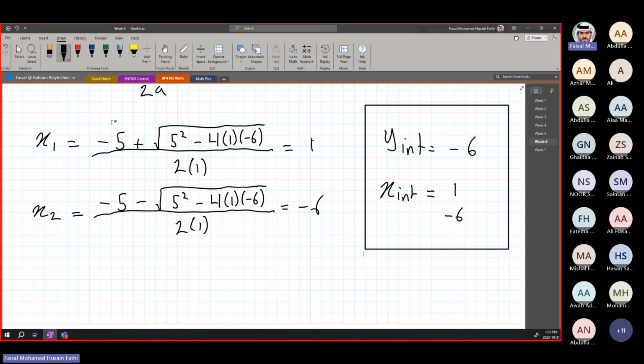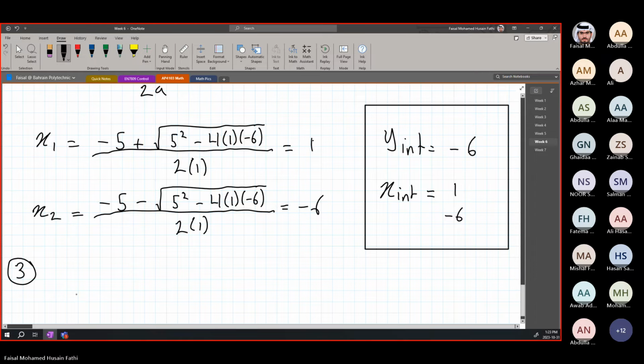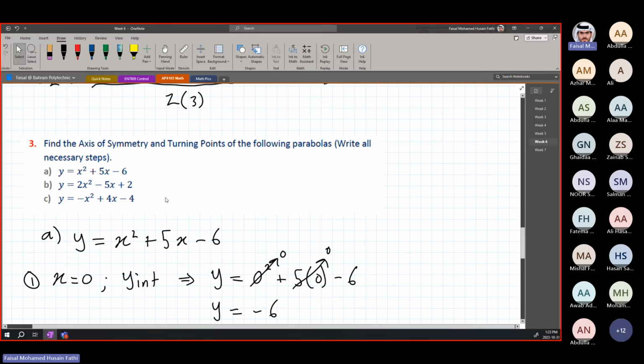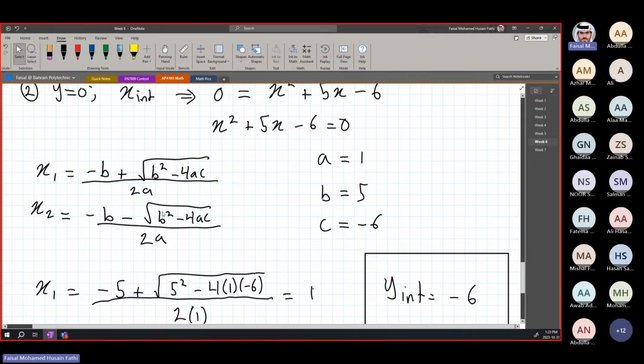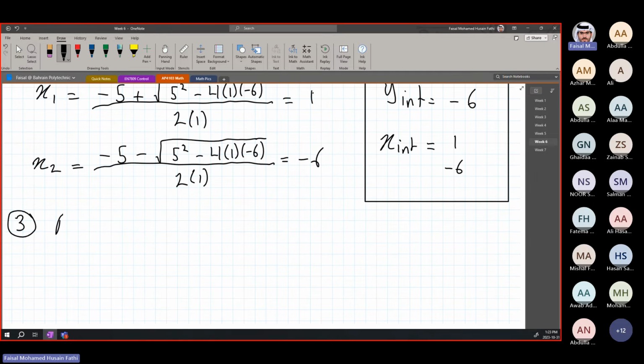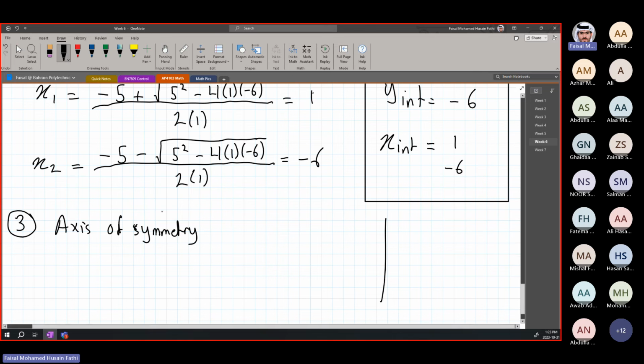Now, step 3 is finding the axis of symmetry, or you could call this the vertical line of symmetry. What is the axis of symmetry? Let's say we have a plot like this.